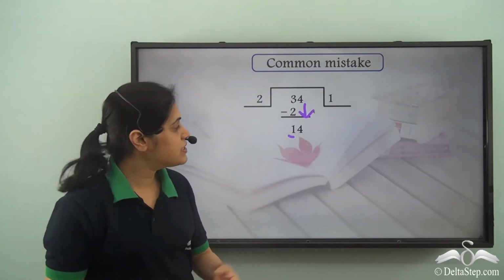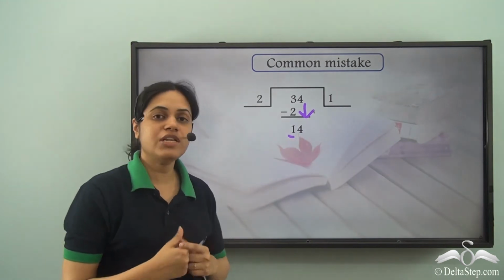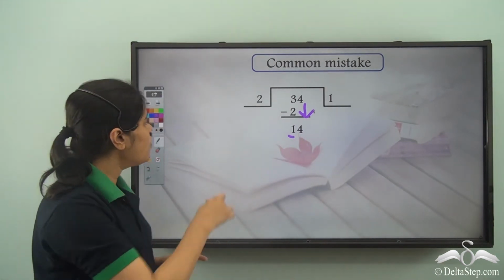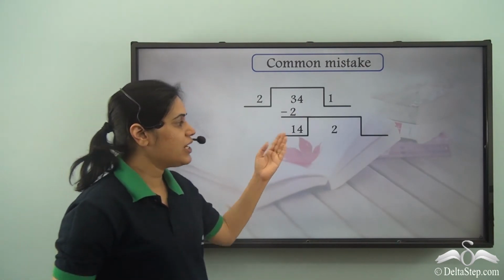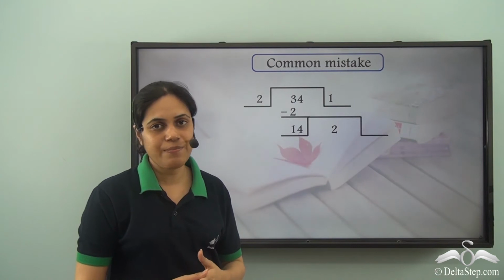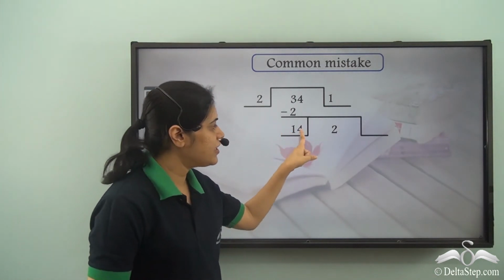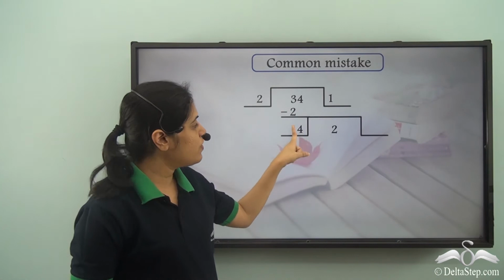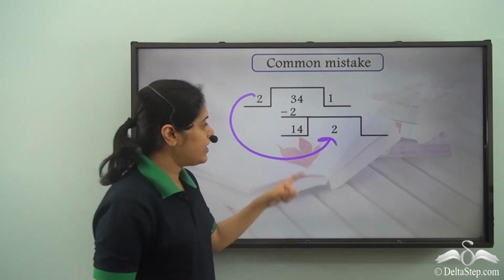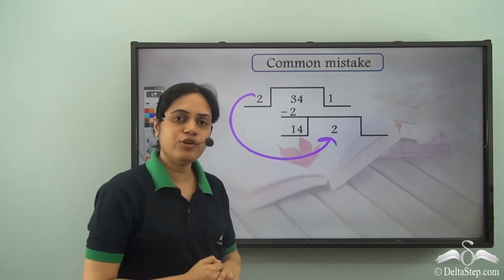Now at times we think that this 14 is the remainder of this division. So we treat this 14 as the divisor because the remainder becomes the divisor of the next step. So we bring this 2 here and try to divide this 2 by 14.